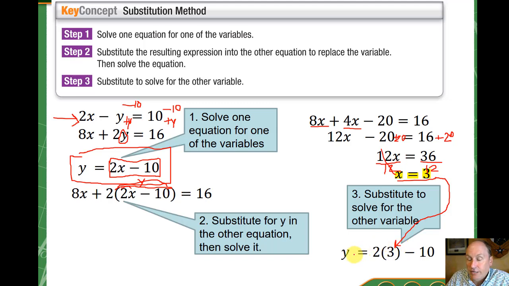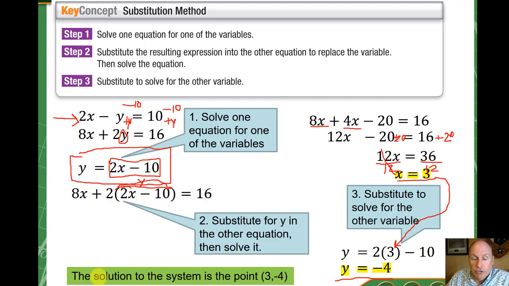And so if we put x equals 3 into that, we get y equals 2 times 3 minus 10. Using our order of operations, that becomes 6 minus 10, or -4. So now that we know the x and the y coordinates, we now know the solution to this system is the point (3, -4).